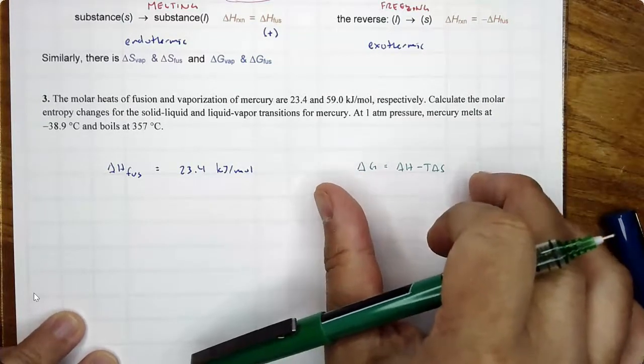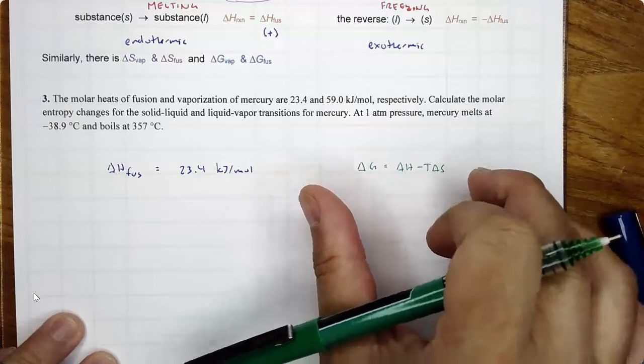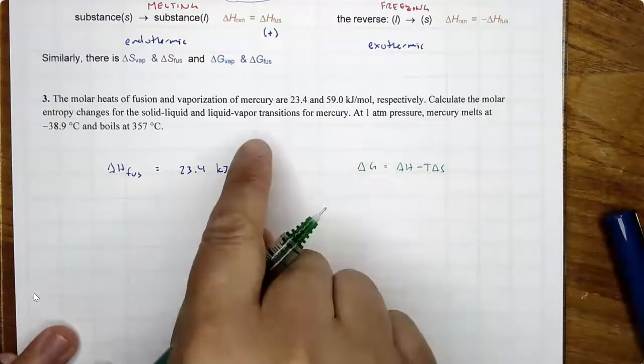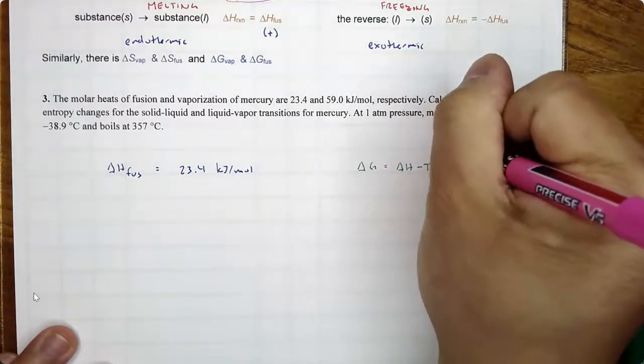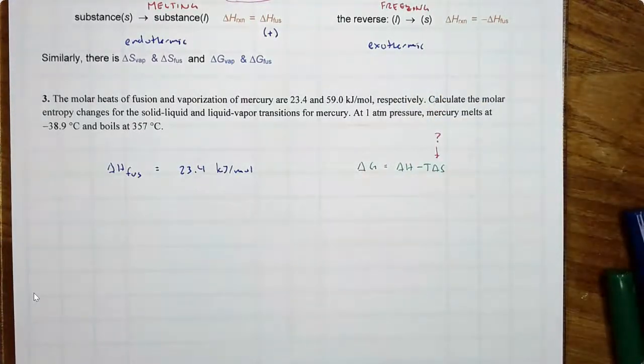What piece of information could I get maybe indirectly? Because we're not given delta G's here, but we are looking for delta S's. If you use those two tips, for me at least, I have a better chance at solving a word problem.